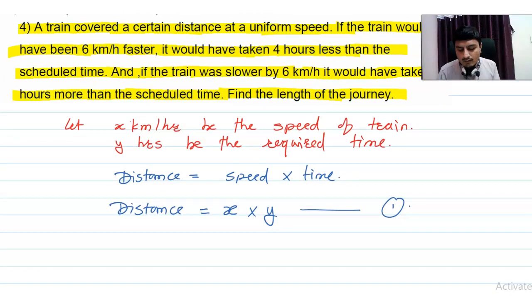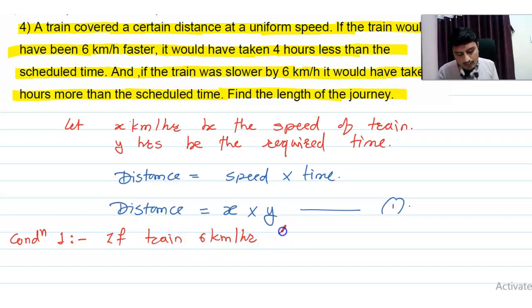Now I am writing the condition first: if the train is 6 km per hour faster, then it takes 4 hours less than the scheduled time.